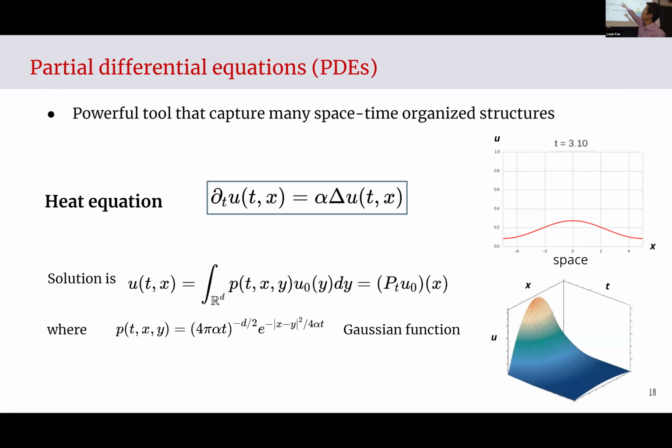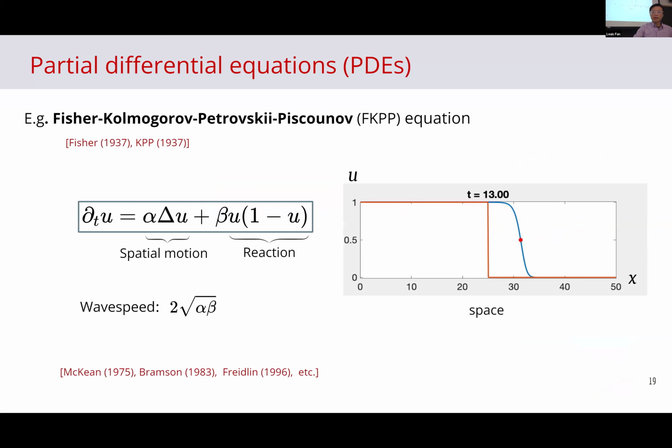So with the Laplacian term, this is the heat equation. We know how to solve it. This p_t(x,y) is the Gaussian density function, the transition density of Brownian motion with variance 2 alpha. And this is the Fisher-KPP equation, as you mentioned. It was introduced a long time ago. And the most important prediction of this PDE is the existence of a traveling wavefront.